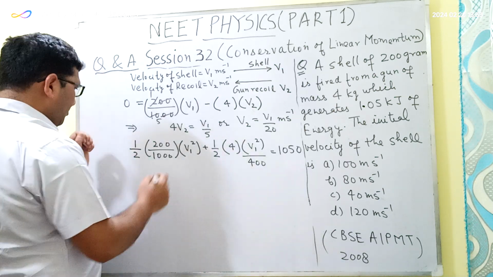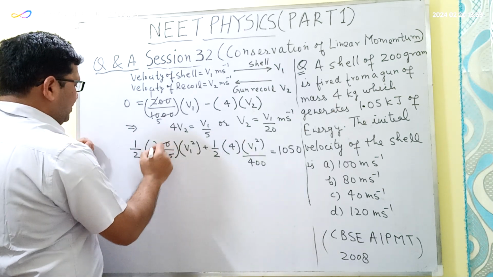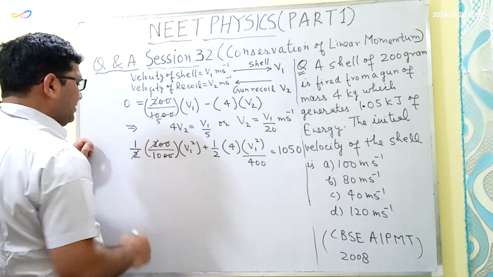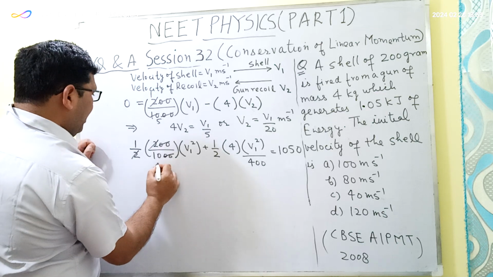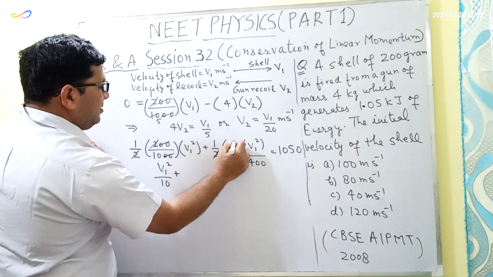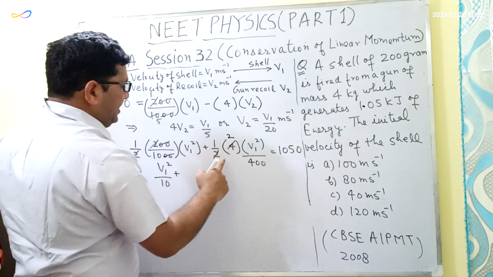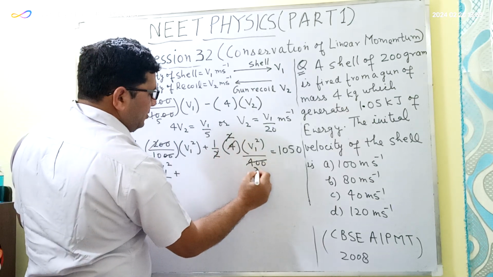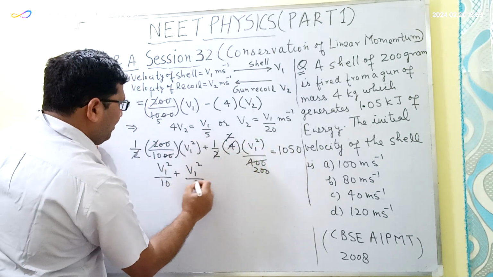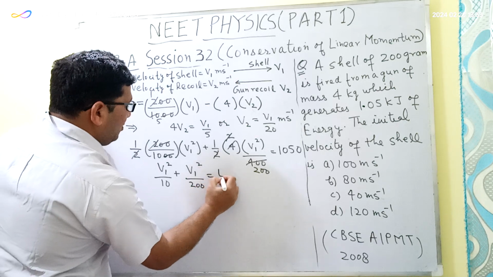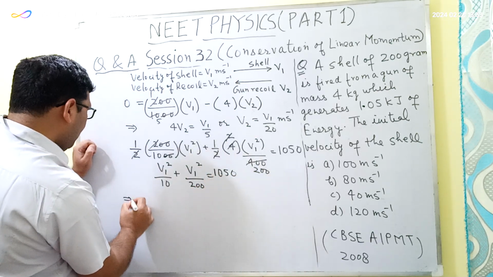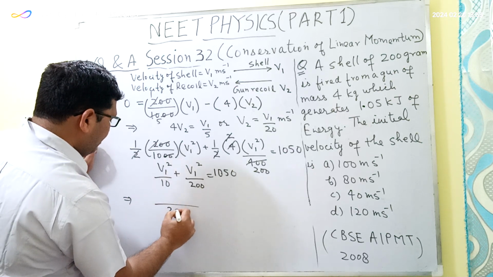Now from here this will get cancelled out, and this 2 and 2 will get cancelled out. So I will be getting V1 square upon 10 plus V1 square divided by 200, equal to 1050. Now I will take the LCM.